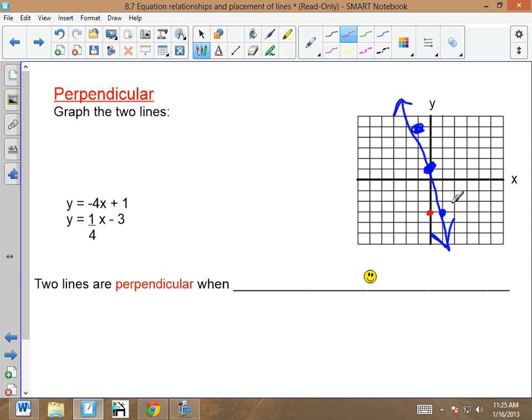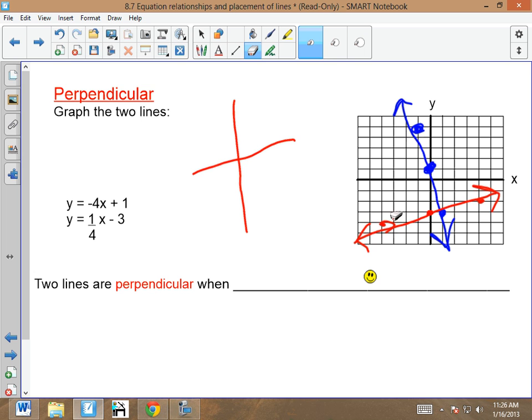There it is. You can't see that very well because my lines aren't straight. But what kind of shape is that? Perpendicular lines make an X or a cross. Okay?